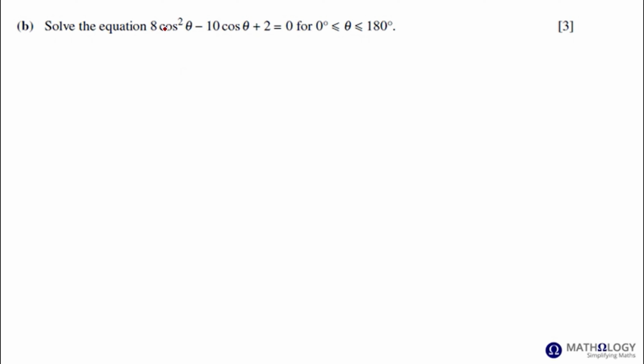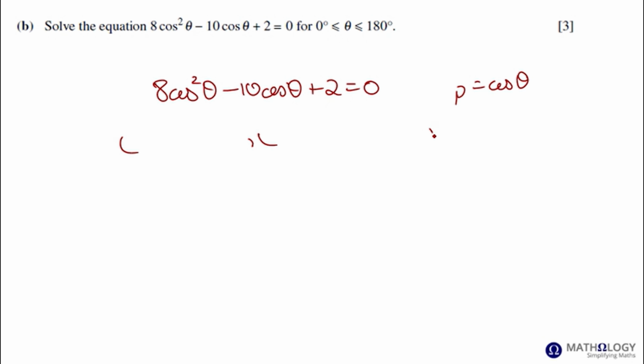Solve the equation 8 cos squared theta minus 10 cos theta plus 2 equals 0 for theta, an angle between 0 and 180 degrees. Although not necessary, you can use a substitution. If you let p equal cos theta, then you'll get a quadratic in terms of p, and then you can solve for theta thereafter. You don't have to do that.